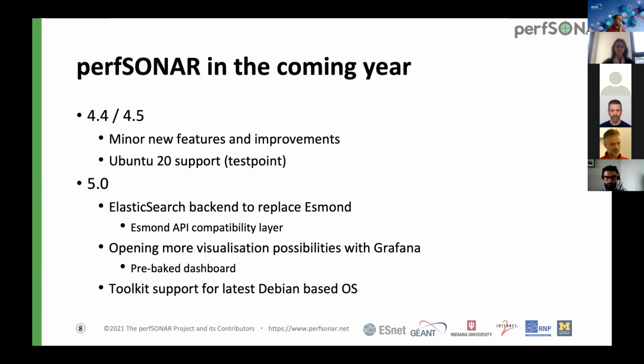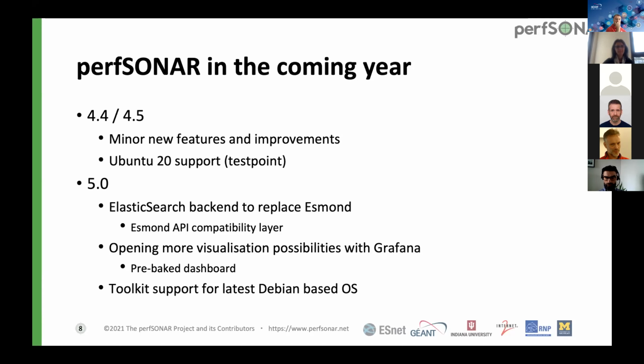But only for the test point deployment of perfSONAR, so not for the full toolkit with the full user interface, because we actually have one main component that we want to change in the near future. It's the backend storage of perfSONAR.